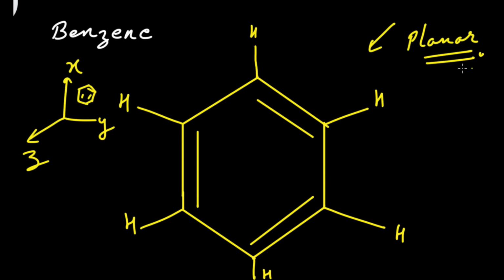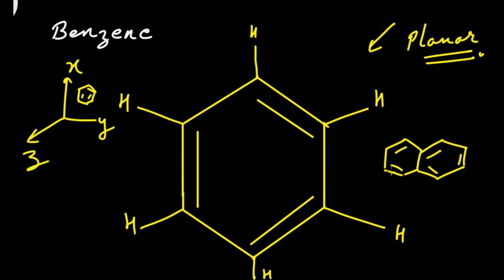And just like benzene, all the other aromatic compounds will be planar in nature. Even if you make 2 rings, and if this is also aromatic like this, then it is also planar in nature, right? That's how you have to see the compound.